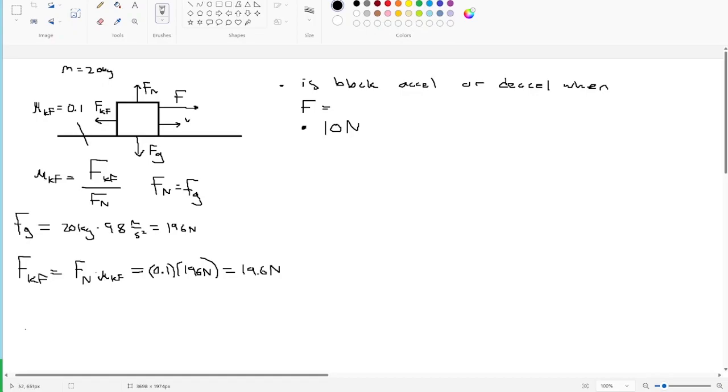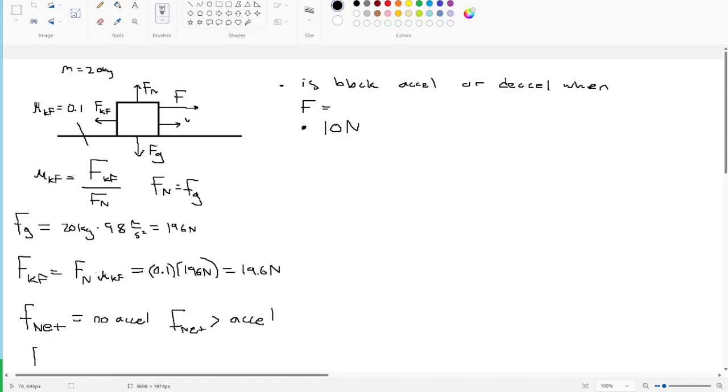So what is the net force? The net force will give us an idea of the acceleration. If the net force is equal to 0, there is no acceleration. There is no pull in either direction, so it's not going to accelerate nor decelerate in this case. If the net force is greater than 0, then there's acceleration.